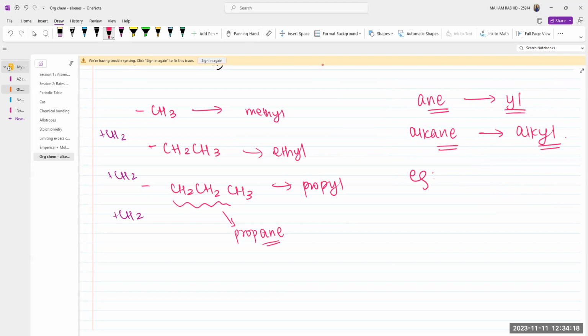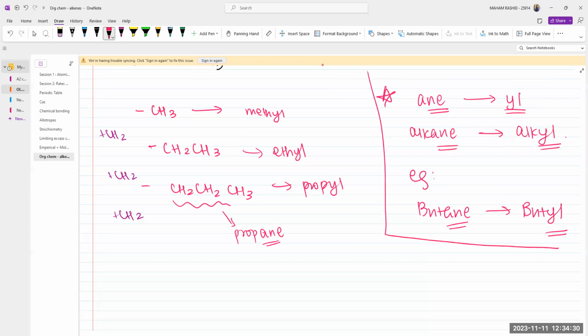For example, butane to butyl. Okay? I'm just going to keep this here. I'm not going to rub it out. So here you need to remember these.